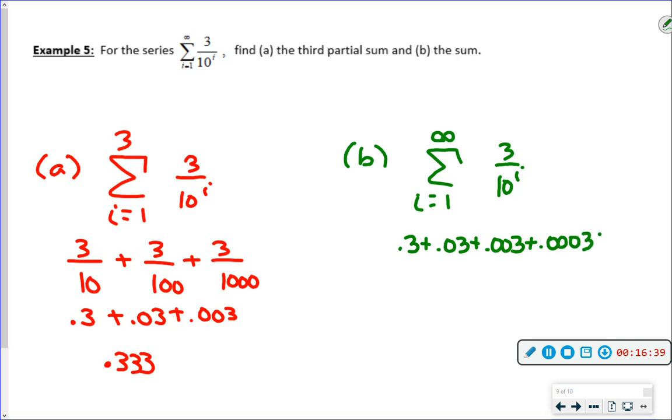I could keep going, but I'm running out of room. I'm going to assume it just keeps going. So there is a difference between these 2 final answers. I'm going to ask again: does the first one stop at 0.333, or does it go on forever? This one goes on forever, so I'm going to circle this.